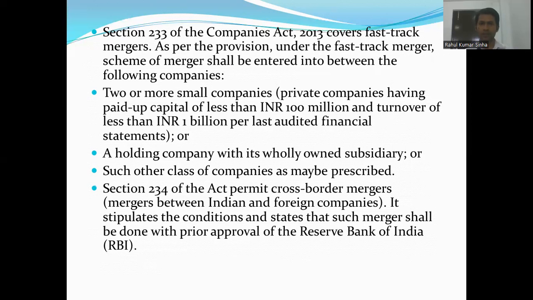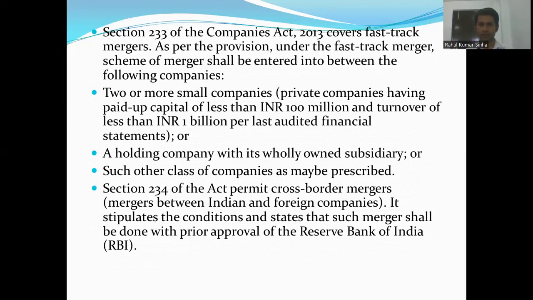So you see, there is also the provision of fast track merger, in the case where there are two or more small companies, and their paid up capital and turnover are defined. For them, Section 233 governs the fast track merger.